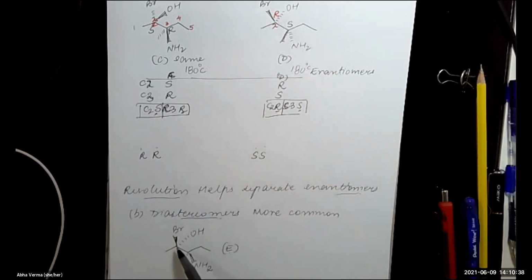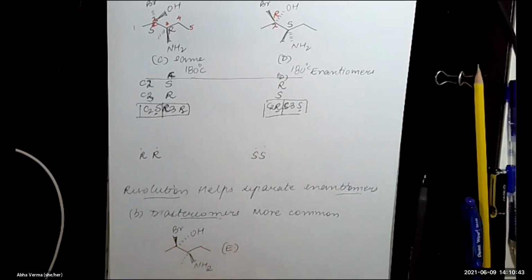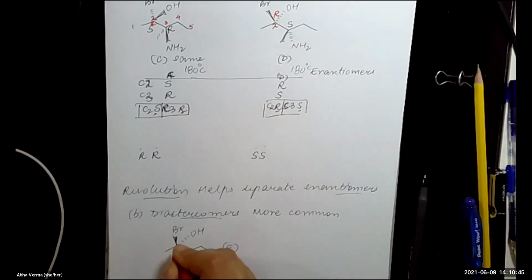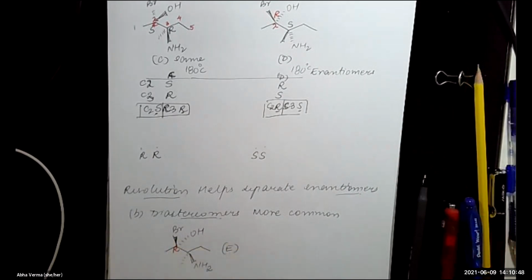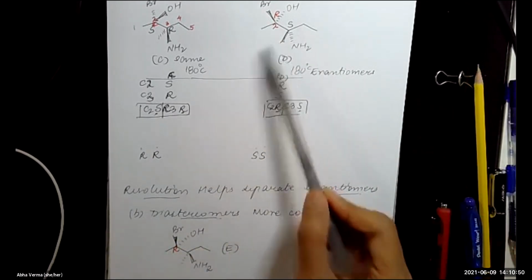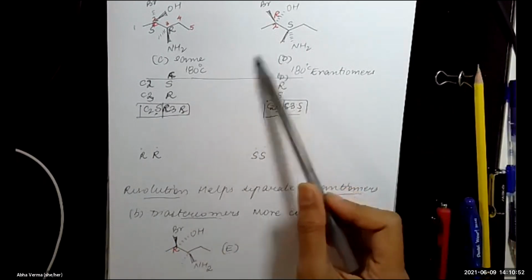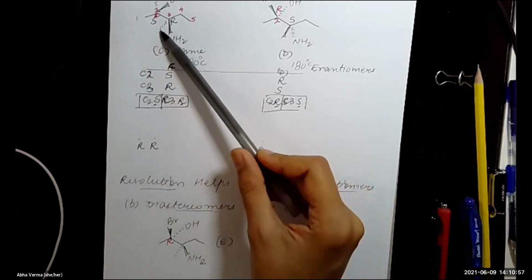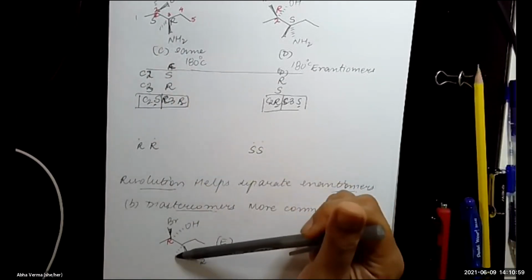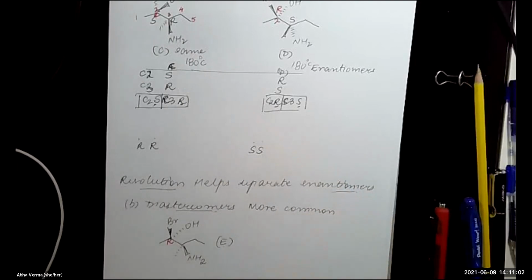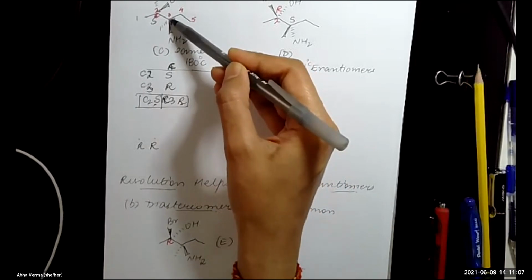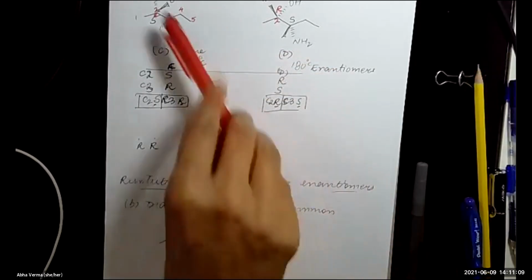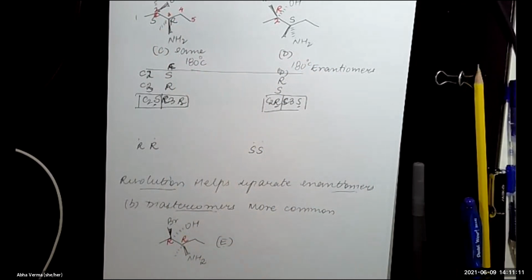So when we do the configurations, we will see that this is an R. But in the other chirality center, what do I have? I have an NH2 at the wedge, at the back CH3, and the rest of the molecule. And because we have already figured out this chirality center yesterday, I'm just going to copy it from there, R.